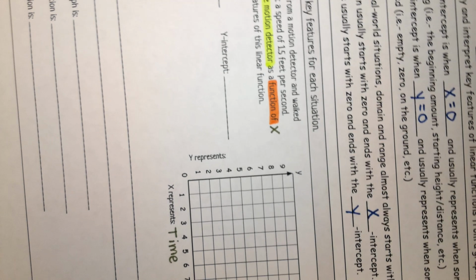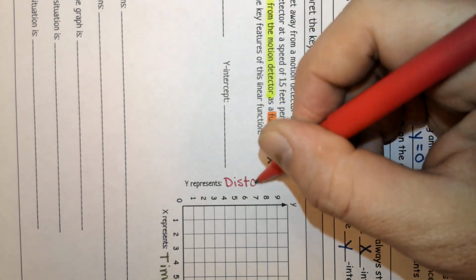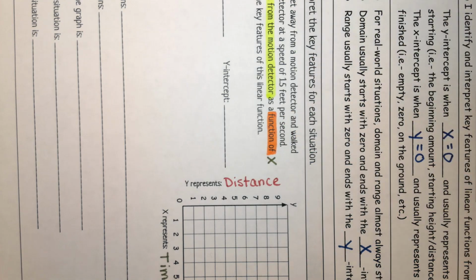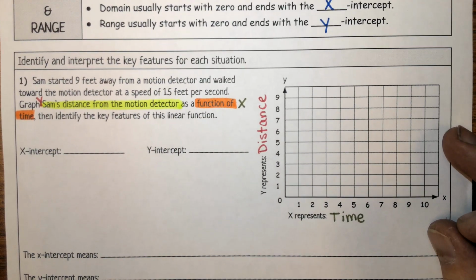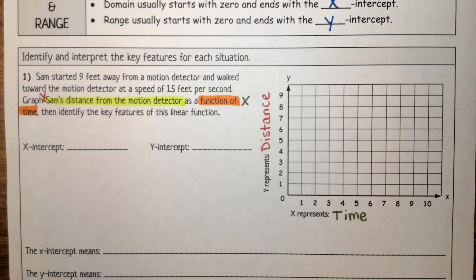So where it says y represents, we're going to write distance. So y represents distance, x represents time. Because typically, you always say that you have y as a function of x. So the y comes first, the function of is always x.